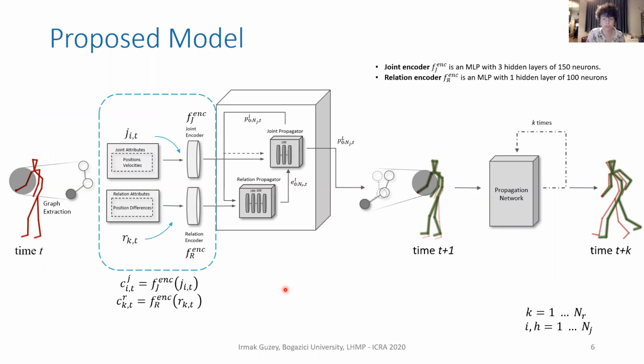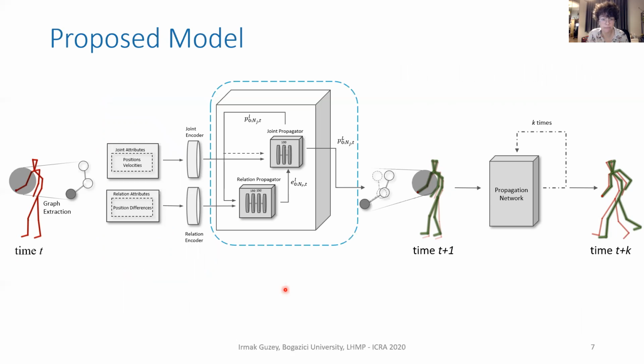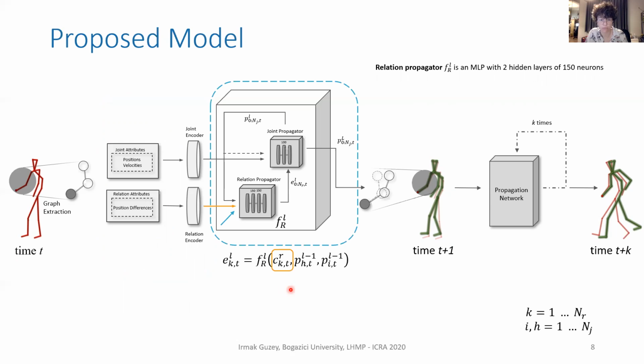After graph extraction, these attributes are first encoded by using joint and relation encoder MLPs respectively. And then, encoded attributes are passed to the propagation part. In this part, the effects of joints and relations are propagated to the whole structure, step by step, by evaluating the propagating effects of attributes in each step. For example, first, encoded relation attributes and the joint propagating effects from the previous step are given to the relation propagator.